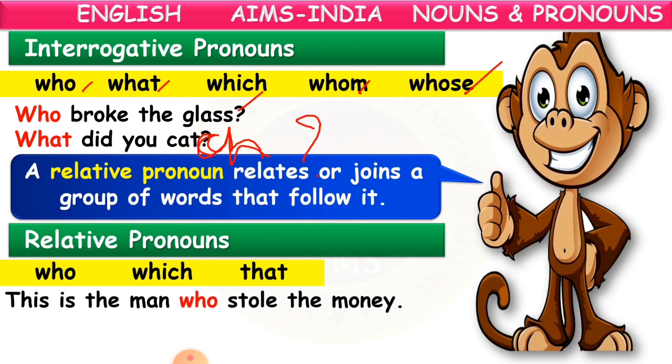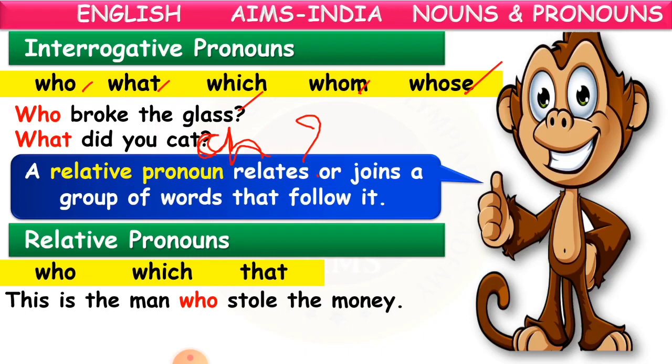This is the man who stole the money. See here in the sentence. Actually here, what is happening? It is joining two sentences. There is a man, and money was stolen. And who stole the money? The man stole the money.